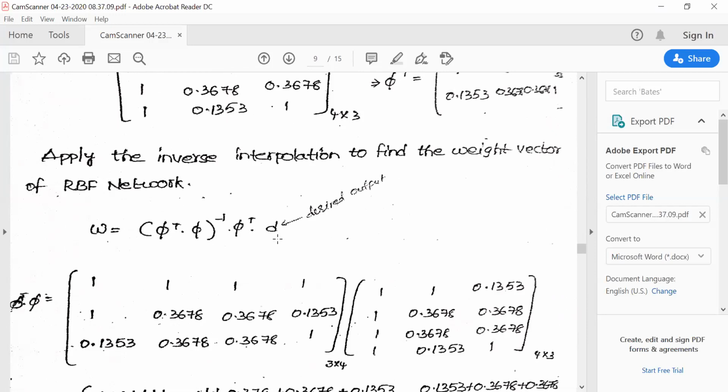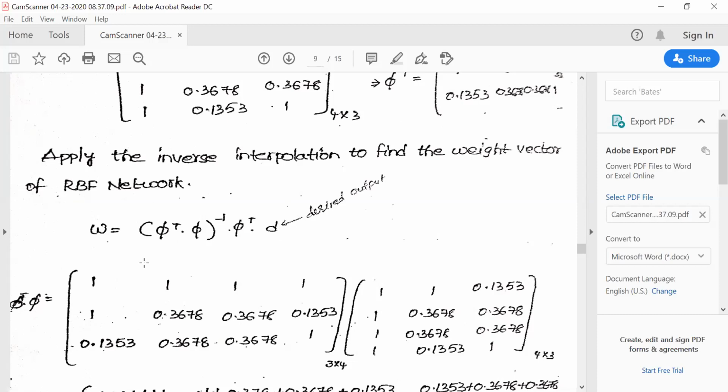You may ask a question here, because the actual solution for the interpolation problem is shown that W is equal to phi inverse into d. But why are we using this much of thing? So if the matrix is a square matrix, and it maps with the desired response also, these two are multipliable, then we can use phi inverse into D. Otherwise, we cannot find the inverse of a matrix if it is not a square matrix.